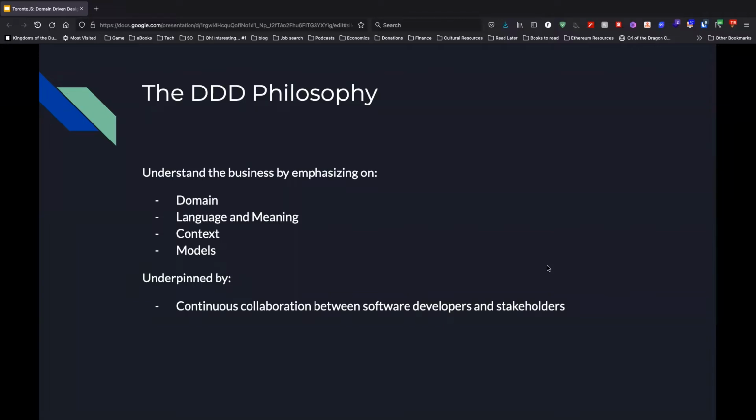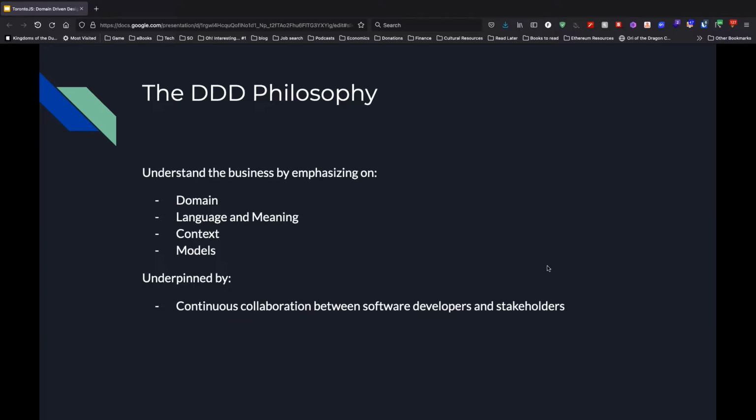But yes, domain-driven design is best served if you iterate continuously over time, because domain-driven design is supposed to help you solve complex problems, and often complex problems can't be solved in a very short amount of time. You probably need several iterations to flesh things out and to improve things over time.